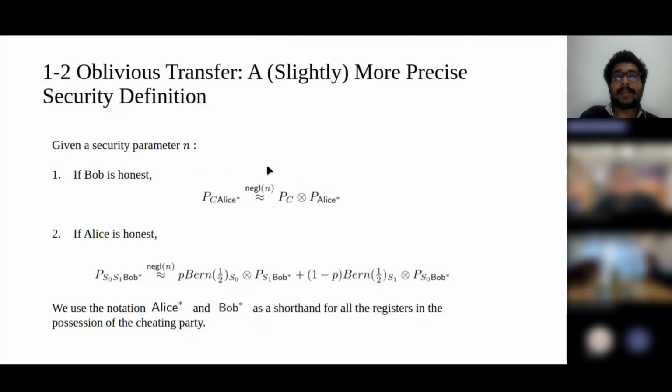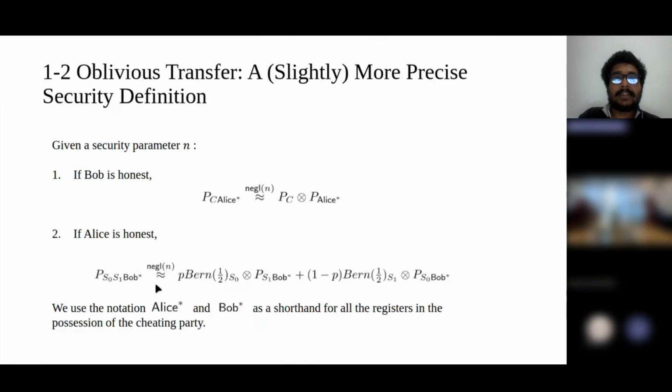And by quite a bit of time, I mean one over whatever negligible function this is. Even if you have 2 to the power minus log squared n, which is a negligible function for large enough n, this is going to blow up very fast. So that's where this negligible closeness business comes in. It is good enough for us. Does that answer your question?